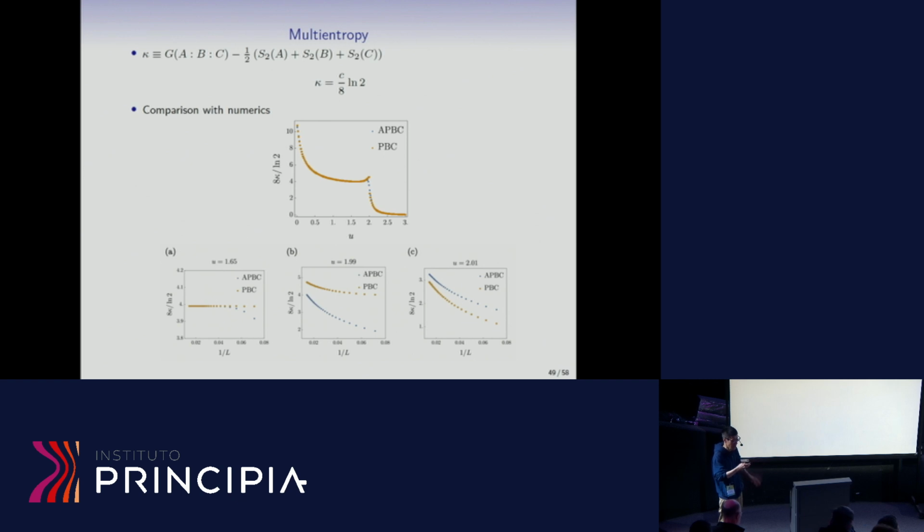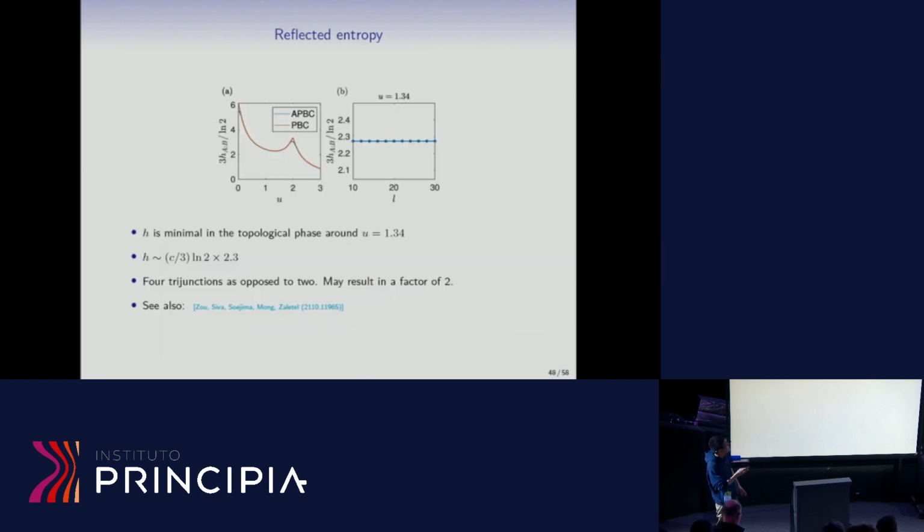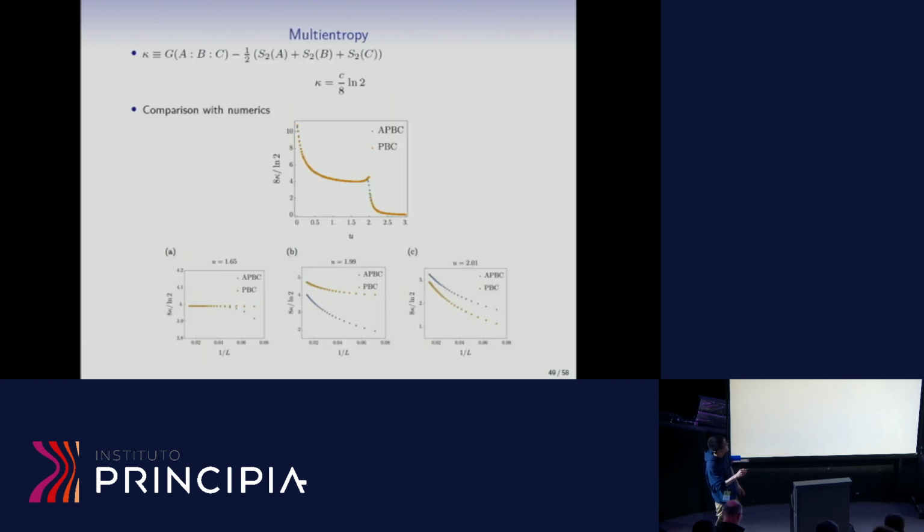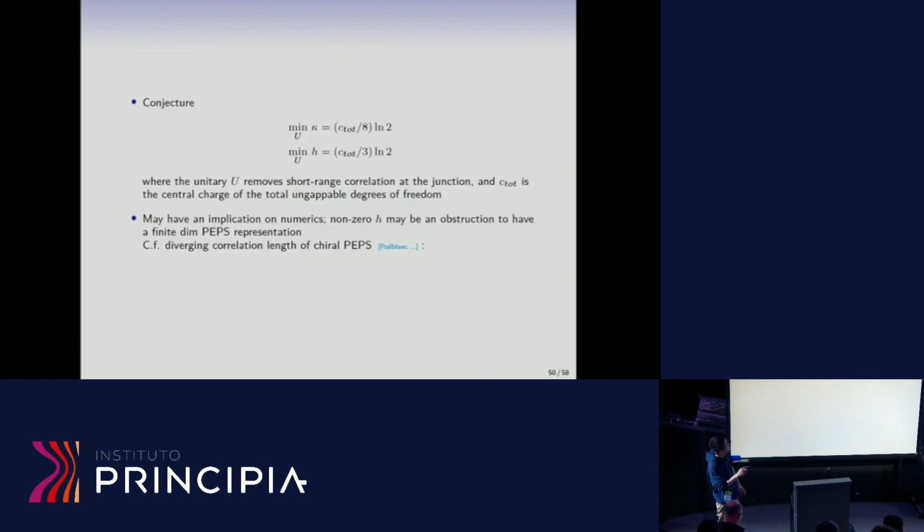But within their test, they cannot go below this value. So this is perhaps the universal bound, and then we could set up a similar conjecture for this kappa. So even for kappa, maybe c over 8 log 2 may be the universal bound.